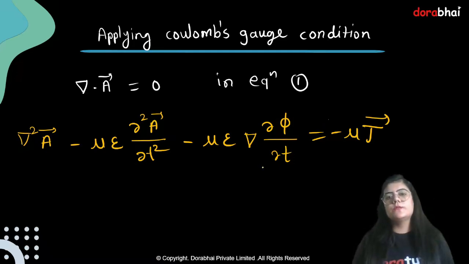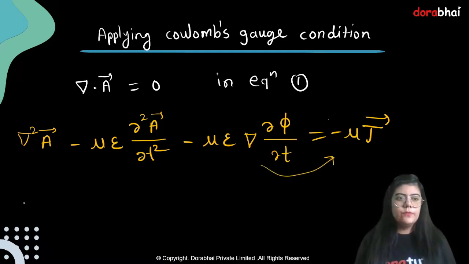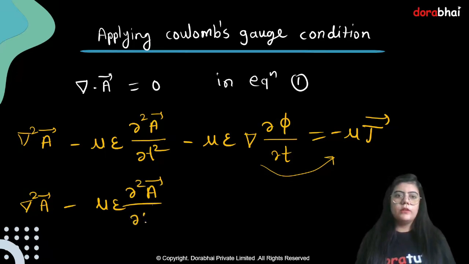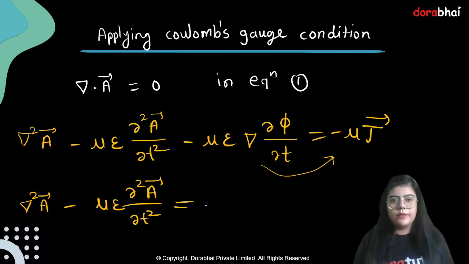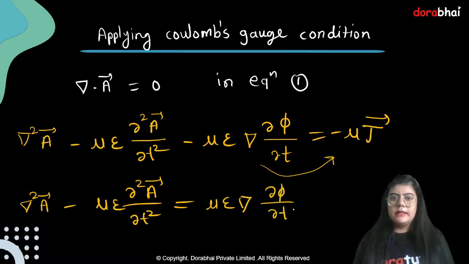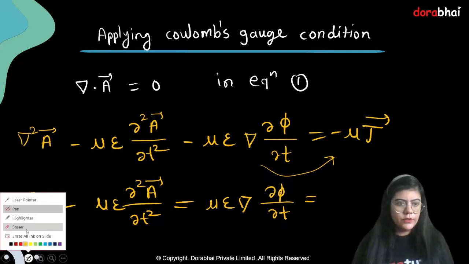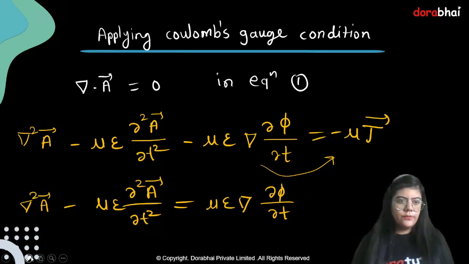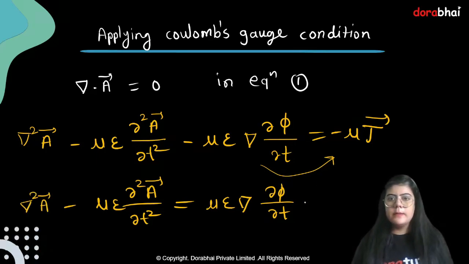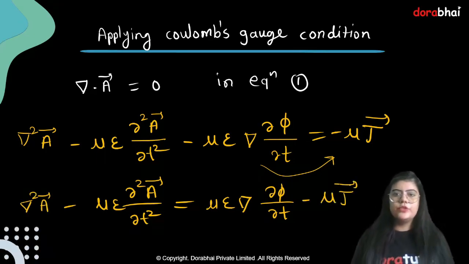Now let's transpose this term to the other side. We'll get ∇²A bar − με ∂²A bar/∂t² on this side, and on the other side it was minus, it will become plus, so we'll get με ∇ ∂φ/∂t, and the right side is minus μ j bar.